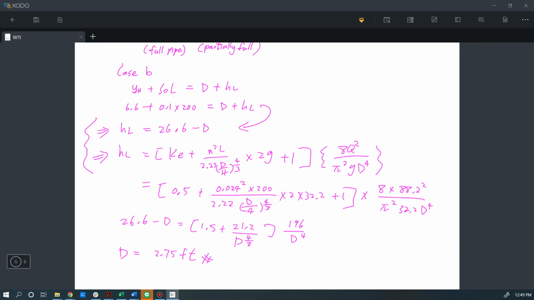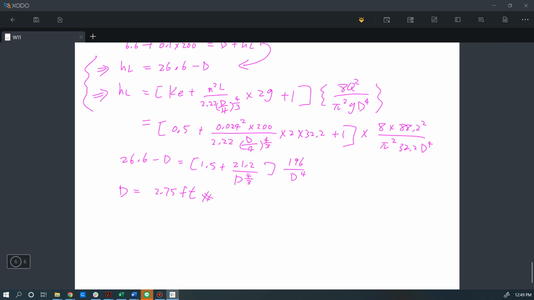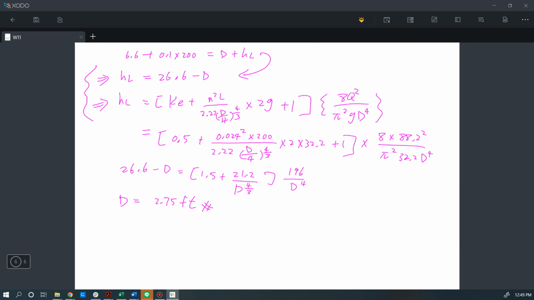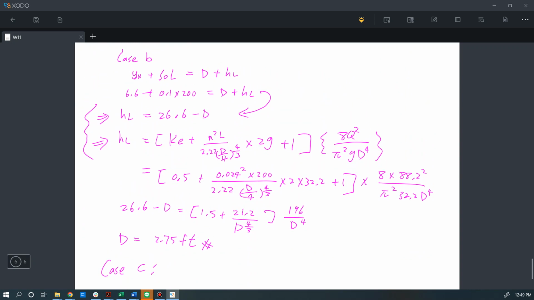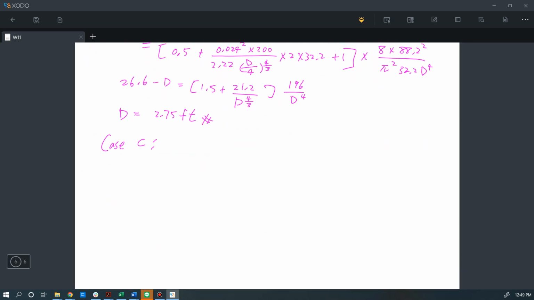Okay. And if we are in case C, then the calculation is more straightforward.